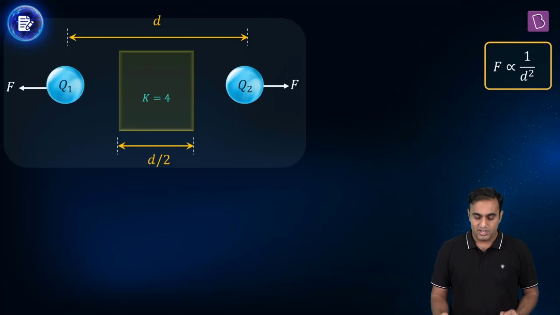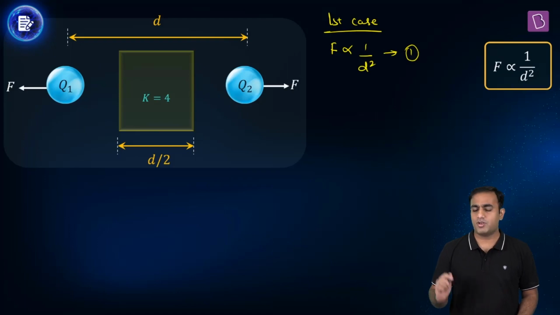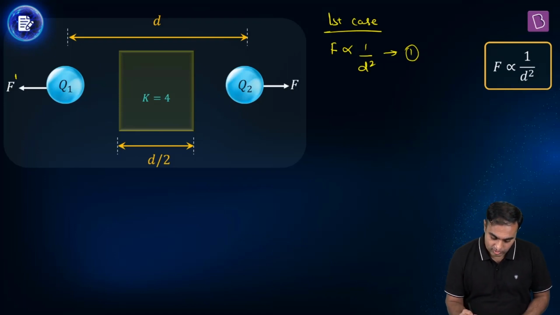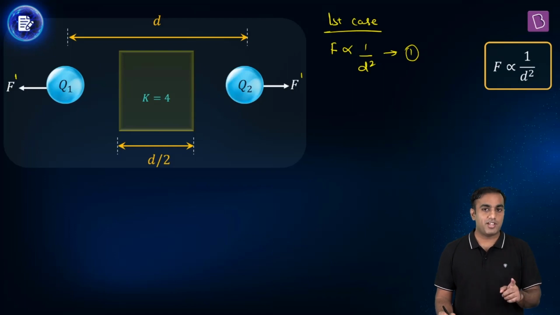Alright? In first case, the charges are separated by a distance small d in air itself. So that force F is proportional to 1 by d square. Let's call that equation number 1. Look at the second case. Now, the force is called F prime. To calculate the equivalent distance in air, let's look at the setup here.